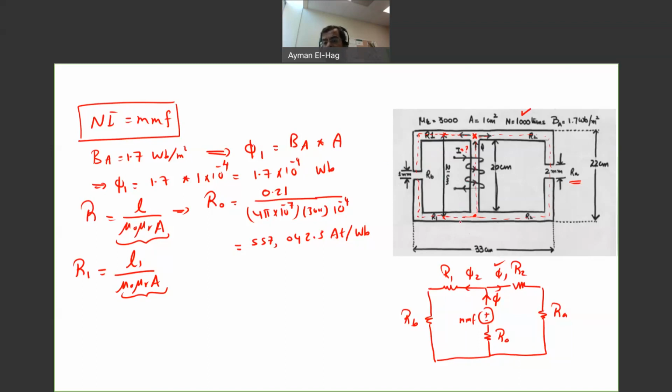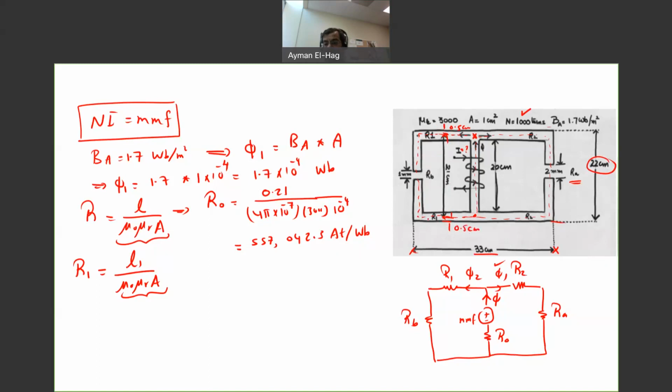I know the distance between the far two ends is 33 centimeters. I also know that from here to here it is 22 centimeters, and from the middle to the middle is 21 centimeters. It means that from here to here is 0.5 centimeter, and from here to here is another 0.5 centimeter.